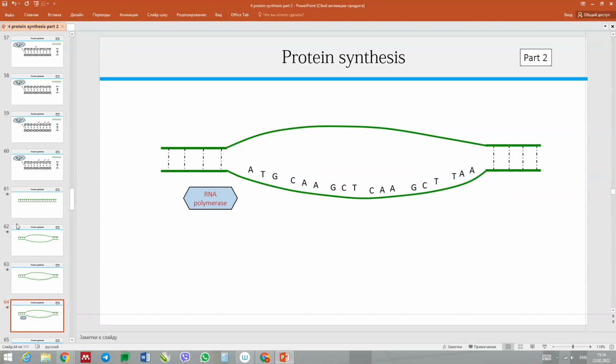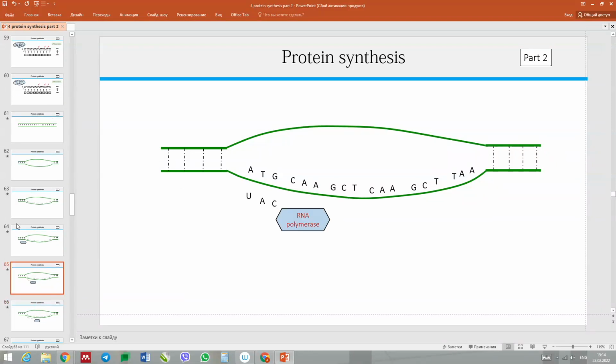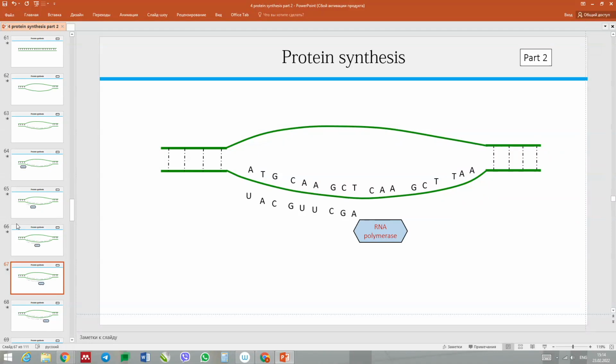And then a special enzyme called RNA polymerase will attach to DNA, and it will move stepwise through the DNA and synthesize RNA on the basis of the sequence of nucleotides present in DNA.